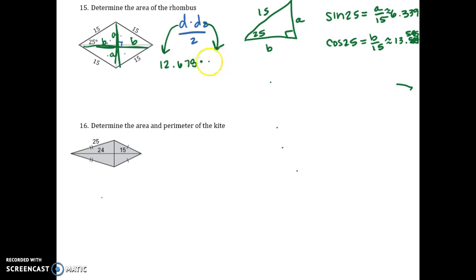So your whole diagonal 2 is 27.19 divided by 2. Multiply the 2 together. So 12.678 times 27.19 divided by 2 is 172.357.